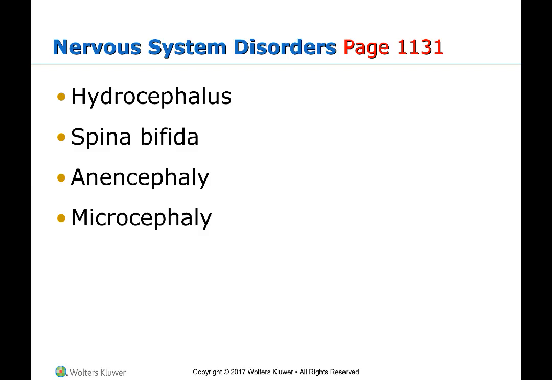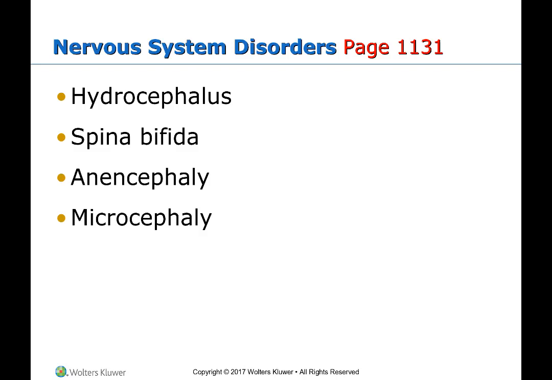And we talk about the meninges. So the meninges that cover the spinal cord herniate through the vertebral space, and it is called a meningocele. Not a good thing.